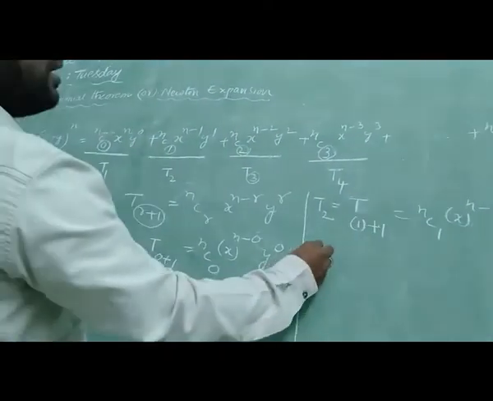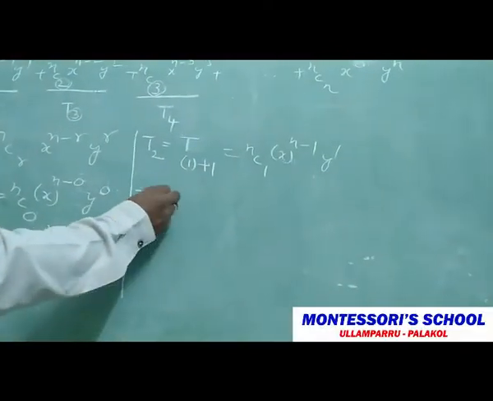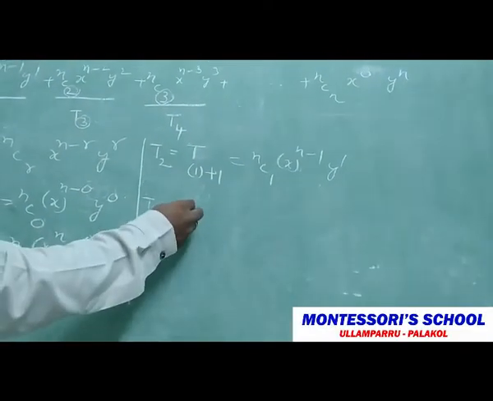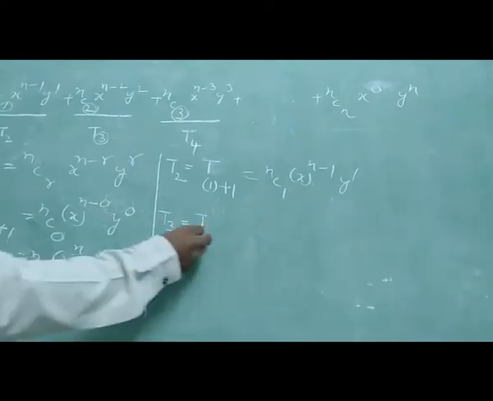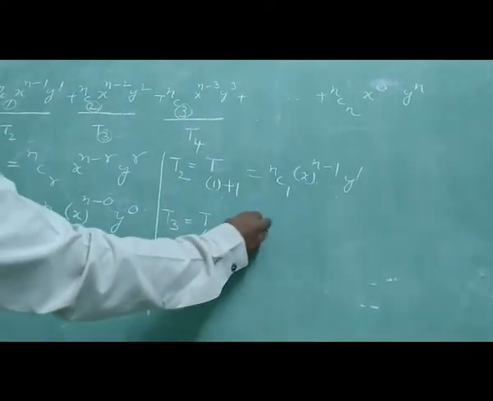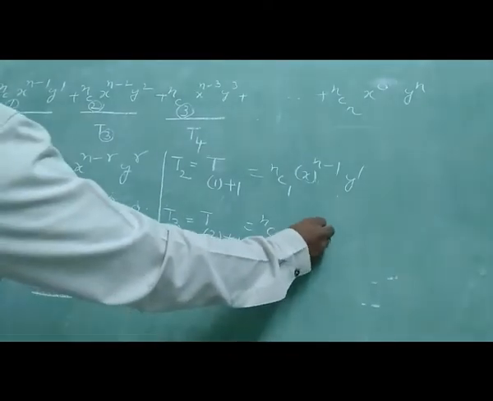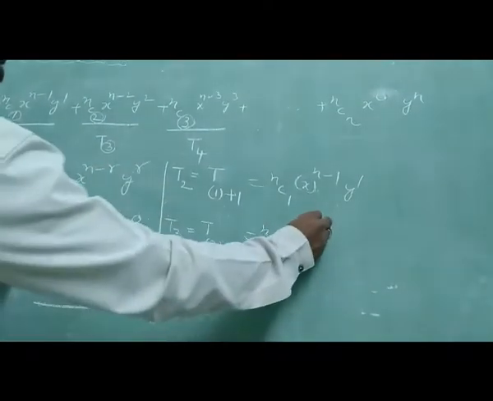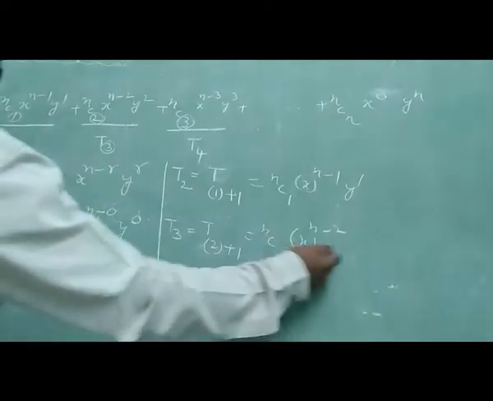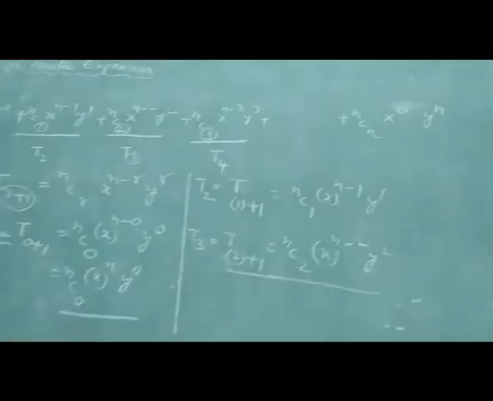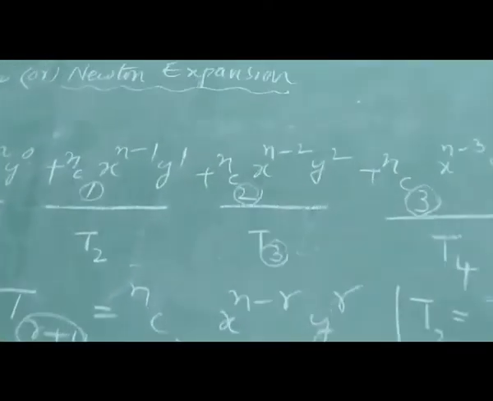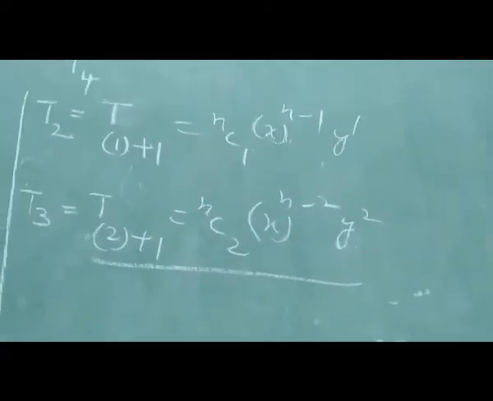Like this you can find the remaining terms. If you want to find the third term, what do you replace? r equals 2. T(2 plus 1) equals nC2, x to the power of n minus 2, y to the power of 2. So like this we can find individual terms by using the general term or (r plus 1)th term.